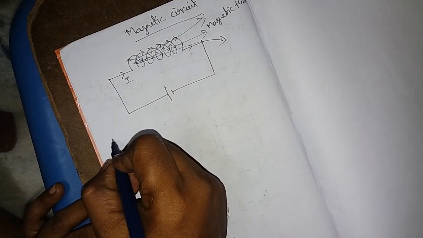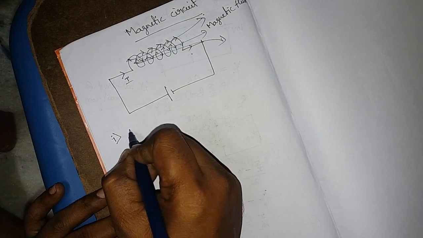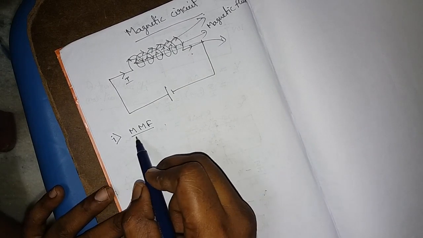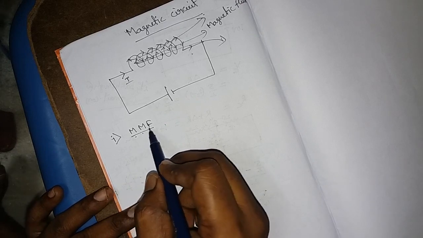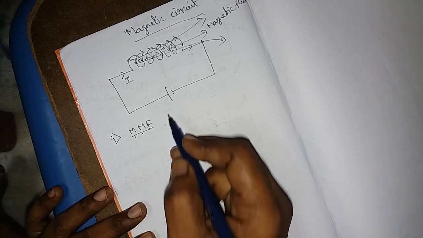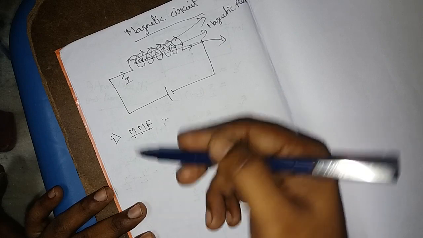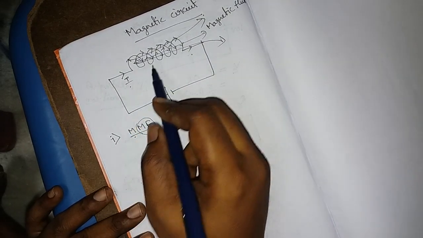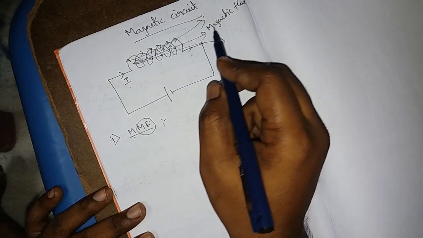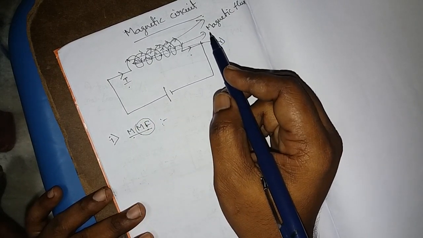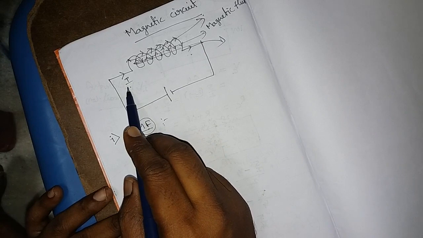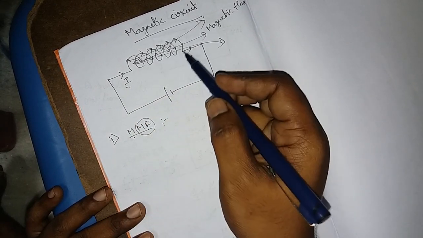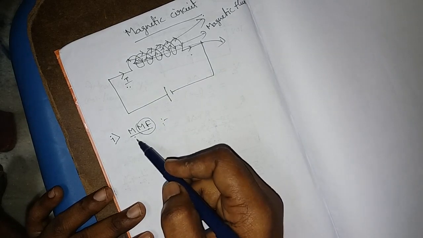The first one is magnetomotive force. MMF stands for magnetomotive force. What is magnetomotive force? This is the motivation force of the current to distribute as lines of force throughout the coil, or we can also say the capacity of the current to distribute as lines of force throughout the coil is called magnetomotive force.